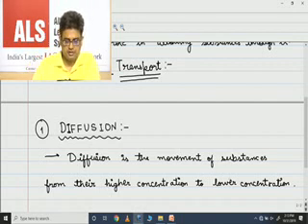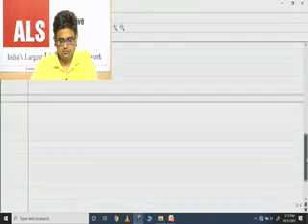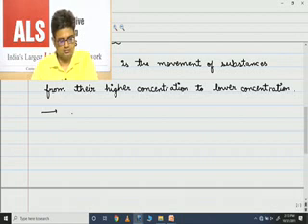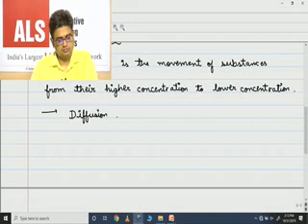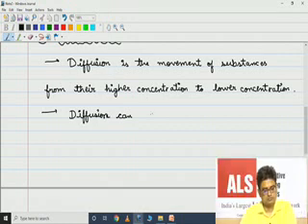So please write, diffusion can occur for solids, liquids and gases.